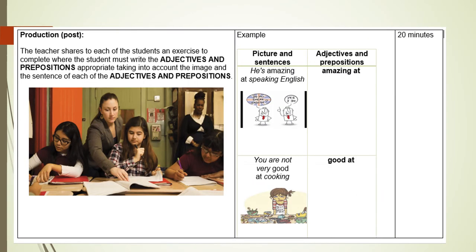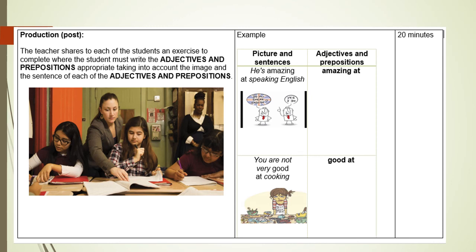The session production. The teacher shares with each of the students an exercise to complete, where the student must write an adjective and preposition, prepared taking into account the images and the sentence of each of the adjectives and prepositions. The resource for this session is an example.